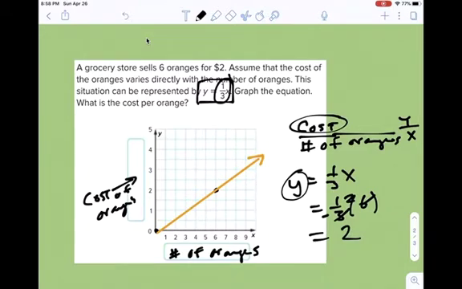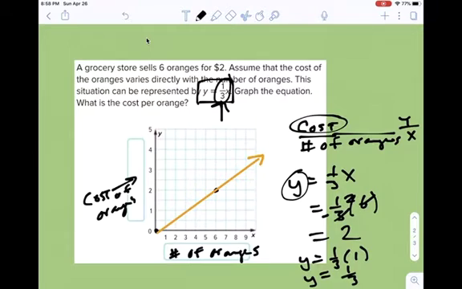If we want to figure out the cost per orange, just put 1 in for x, because x is the number of oranges. So y equals 1/3 times 1, which is 1/3, and that's my cost. What's 1/3 when you're talking about money? It's 1/3 of $1.